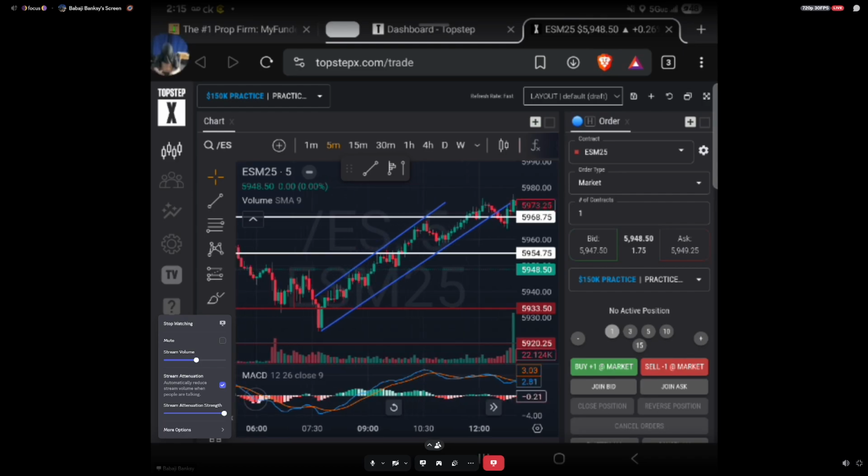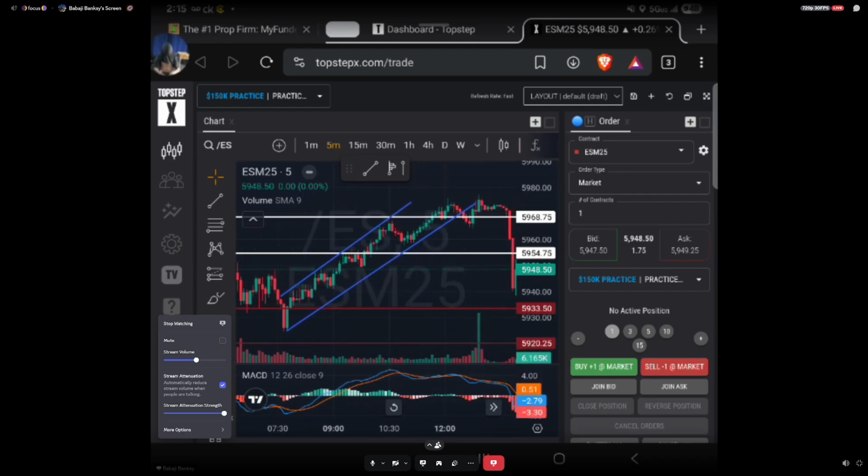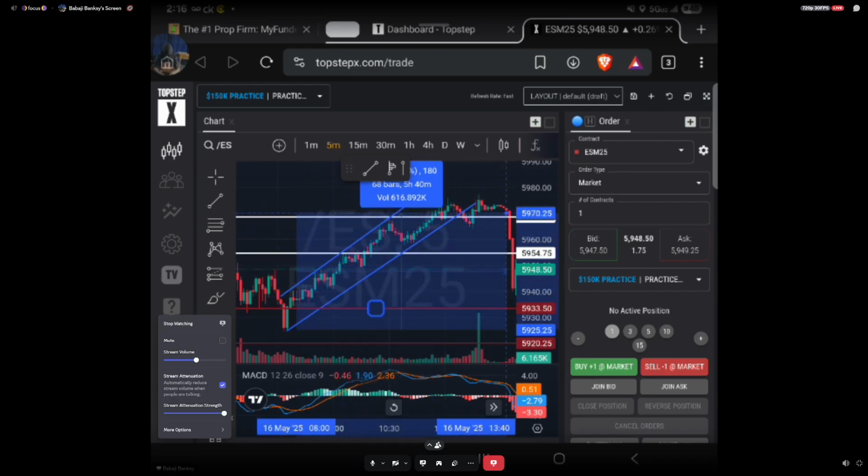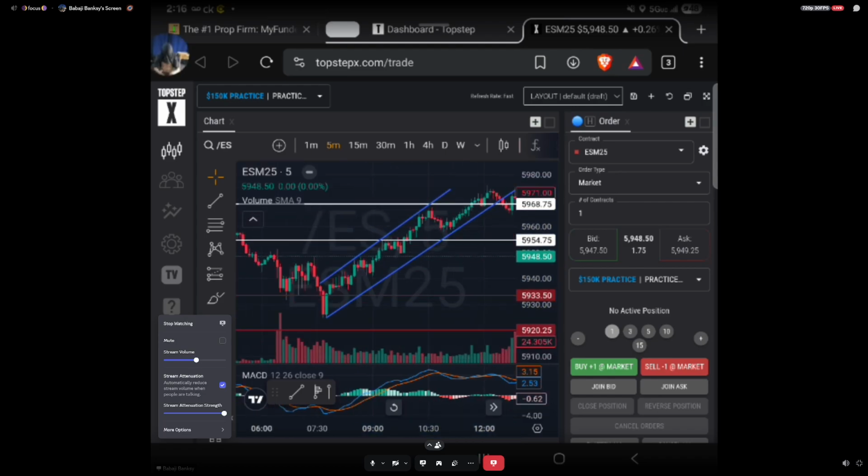If you see at the bottom, 7:30 to 12:30, this is a huge point move. It's a 51 point move. That's a lot of money. For perspective, for a couple points you can make a couple hundred. So this is like a couple thousand, and this is just within the morning.